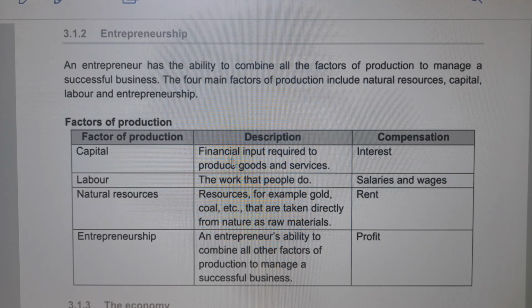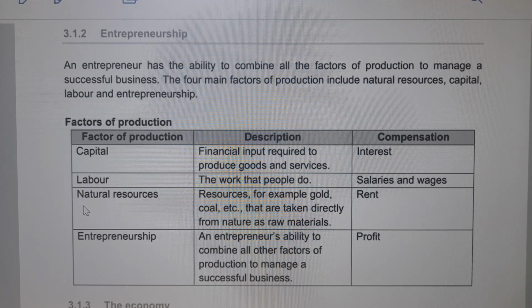Capital is the financial input required to produce goods and services, and labor is the work that people do. Natural resources, for example gold and coal, are taken directly from nature as raw materials.